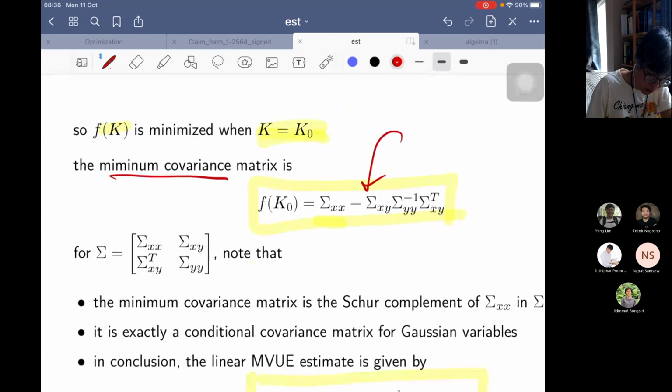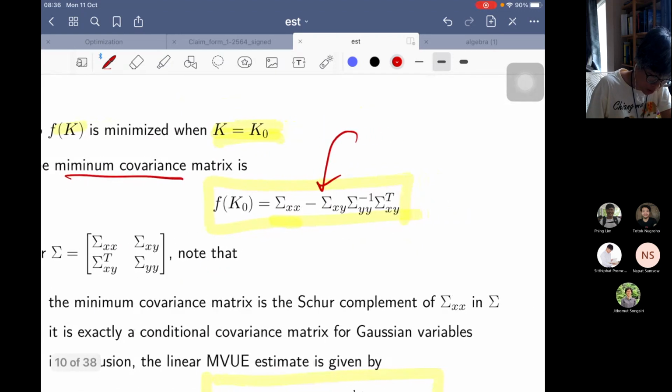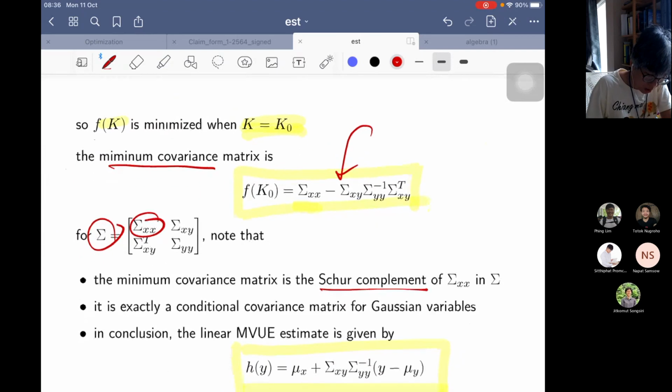We have seen this form several times: it is a Schur complement of the 1-1 block, which is the covariance of x in sigma. This is exactly the conditional covariance matrix for a Gaussian variable.